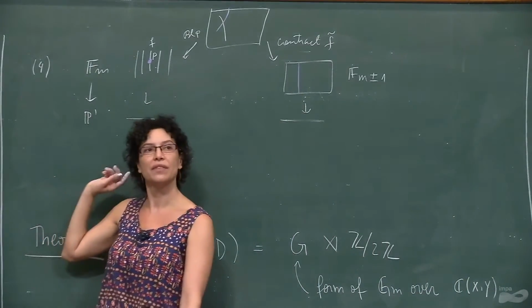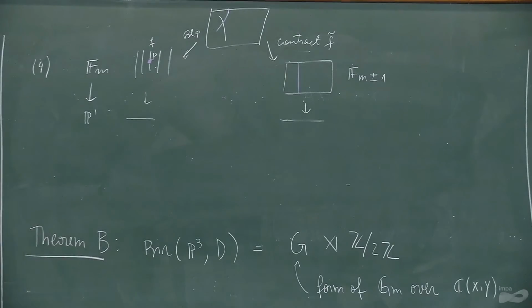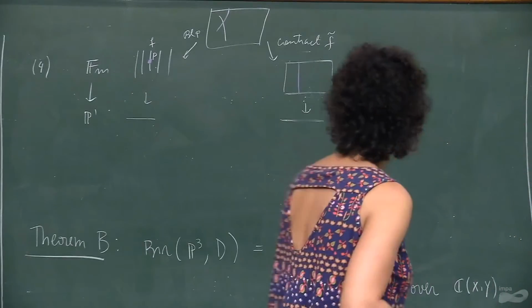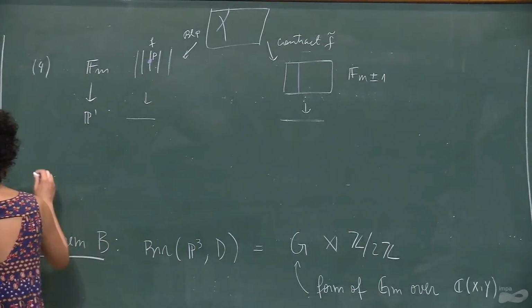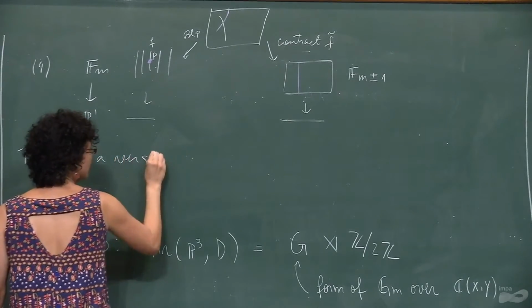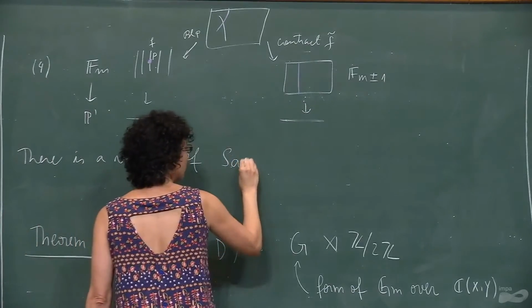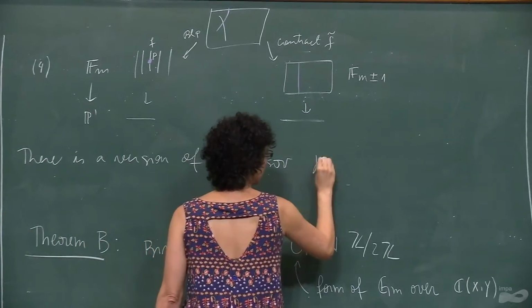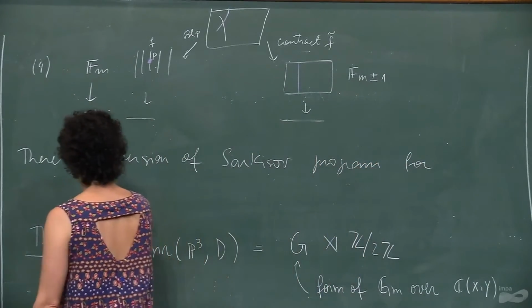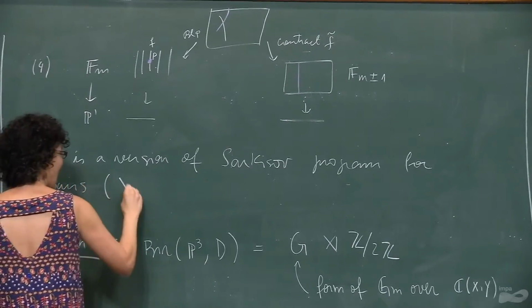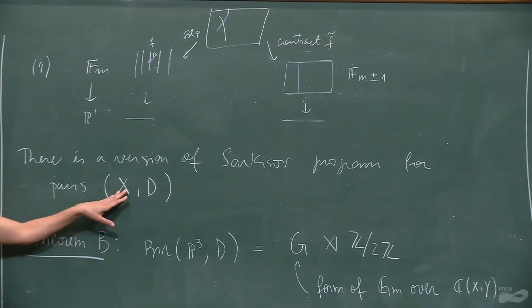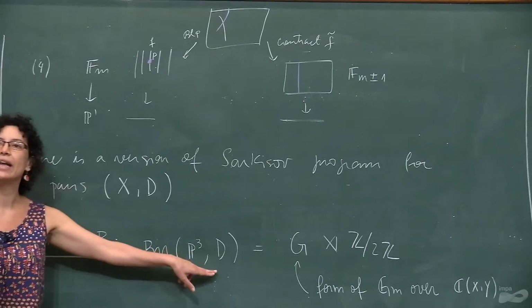In higher dimensions, the links there are also 4. There are generalizations of these ones, and I'm running out of time, so let me just say that first of all, there is a version of the Sarkisov program for pairs (X, D). And this (X, D) is taking the place of our P3 and D, but it's more general.